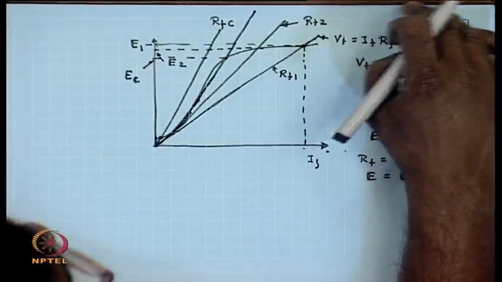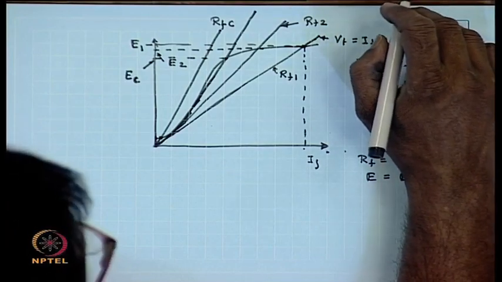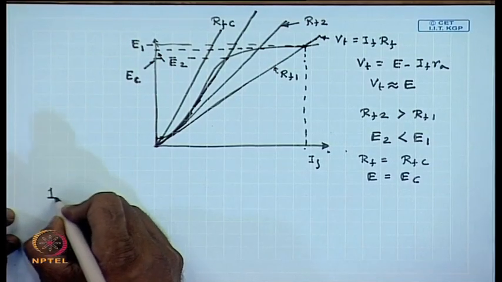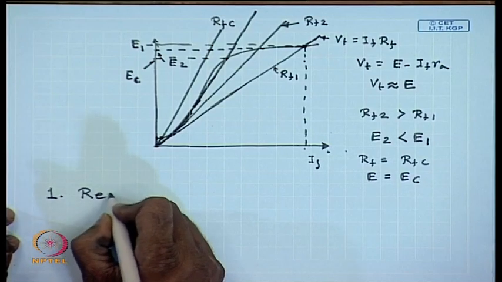Therefore, we can see that self excitation does not occur for all values of field circuit resistance, there are in fact 3 conditions for successful self excitation. First of all, there must be residual flux in the machine.